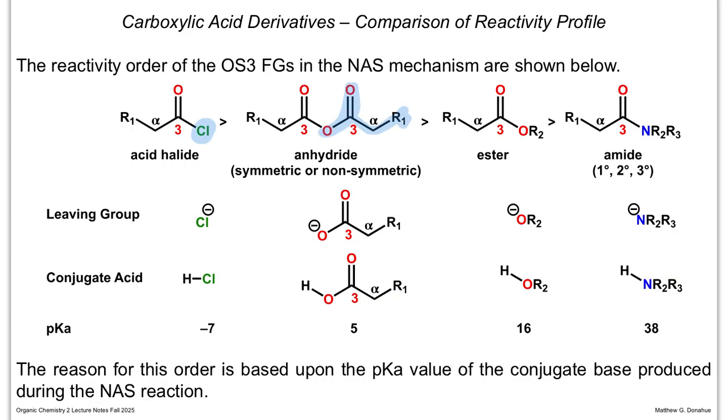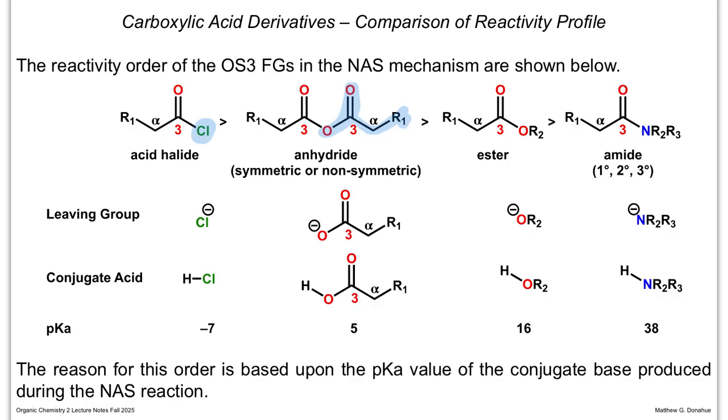The part that I highlighted in blue, that is the leaving group. So when you're doing the substitution, the group that leaves needs to be stable. So in the first case, an acid halide, Cl- is the leaving group. If we consider the conjugate acid of Cl-, it's HCl. And from the acid, we can find the pKa, it's -7.